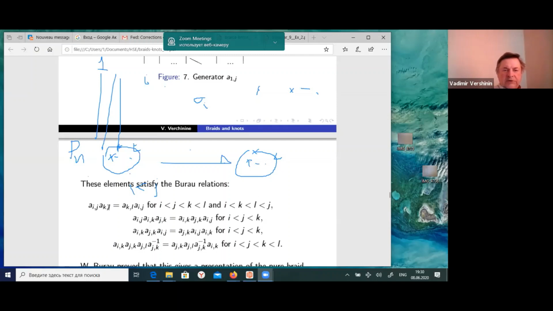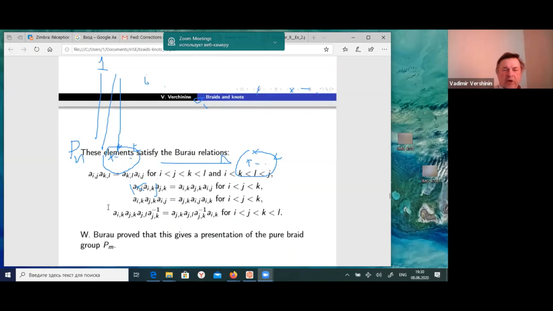So something about relations. Unfortunately, relations are not so regular. For example, if you want to involve these elements, then there should be negative degrees, right?